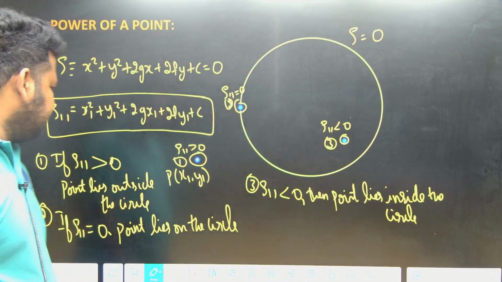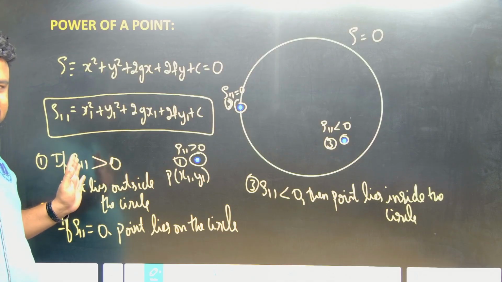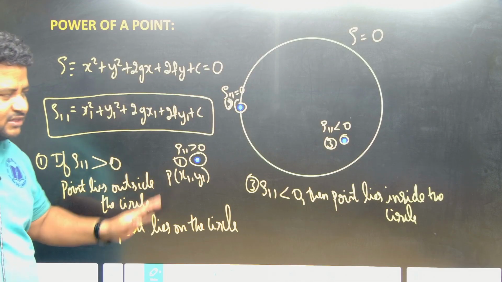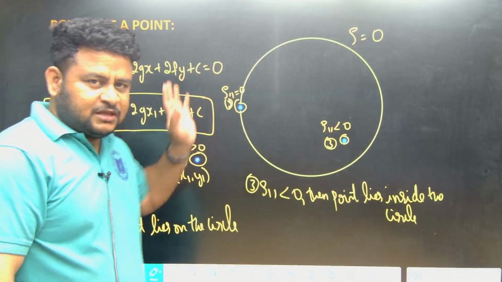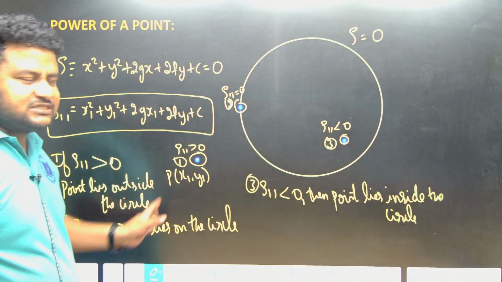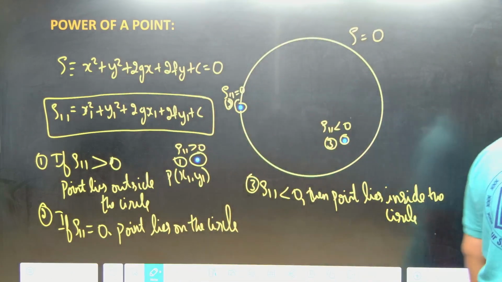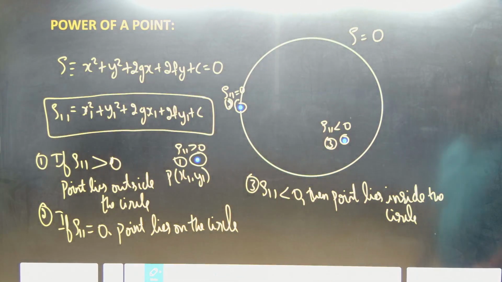So see here, if the power of a point, that is S11, is positive, then the point lies outside the circle. If S11 is negative, then the point lies inside the circle. If S11 is exactly equal to 0, then the point lies on the circle. Very simple concept, but you have to remember this. You have to know how to find S11. Just put the values of x1, y1 in the place of x and y.